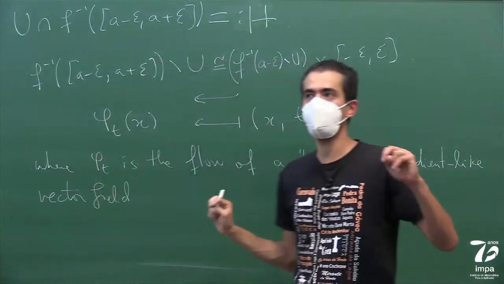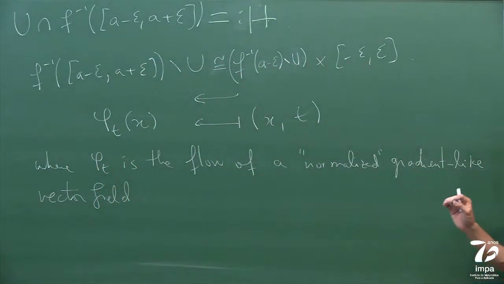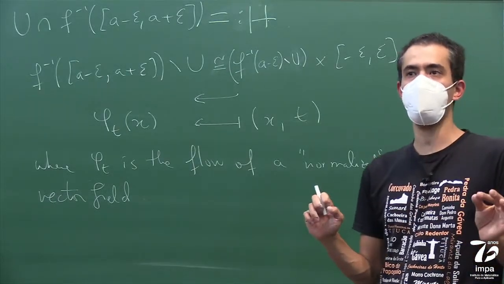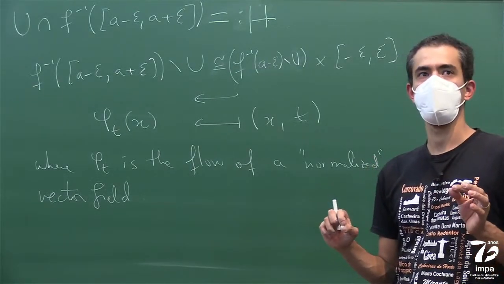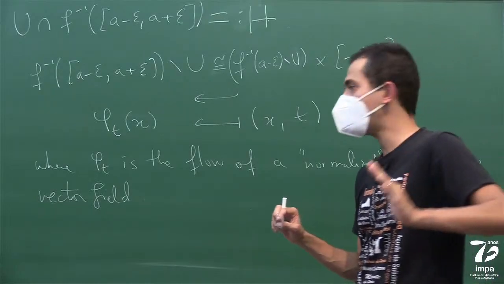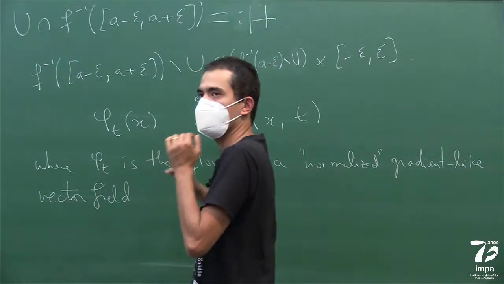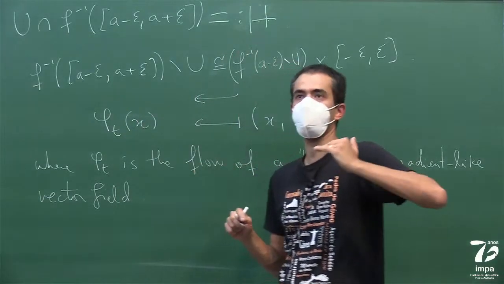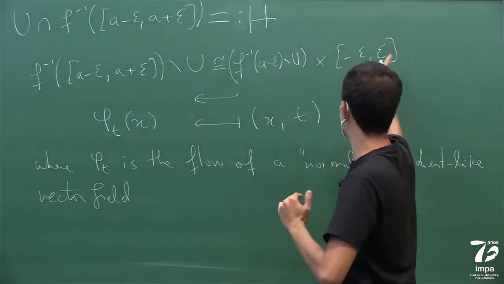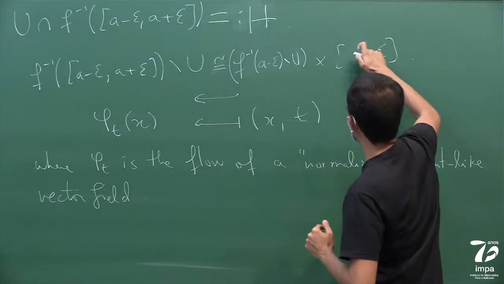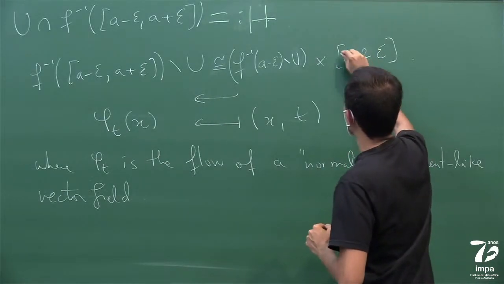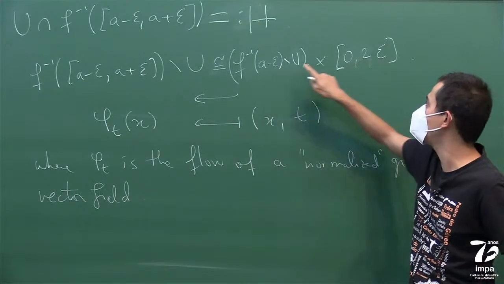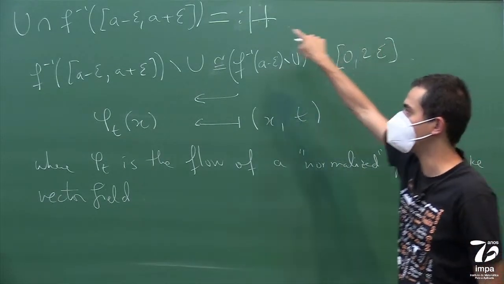So, by normalized, it's exactly what I did last time. You take a gradient-like vector field and you divide it by f applied to it, just to make sure that as you integrate the vector field, the t corresponds to how much you're changing f. So that at time, and I guess maybe this is 0 and 2 epsilon to be consistent, you start from here, and then at time 2 epsilon, you get to a plus epsilon.